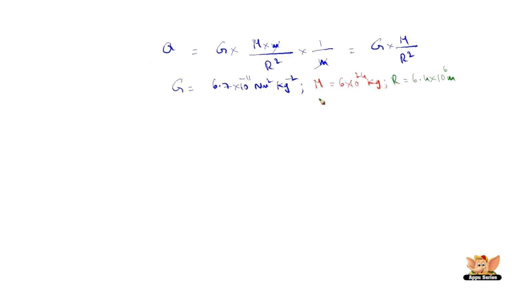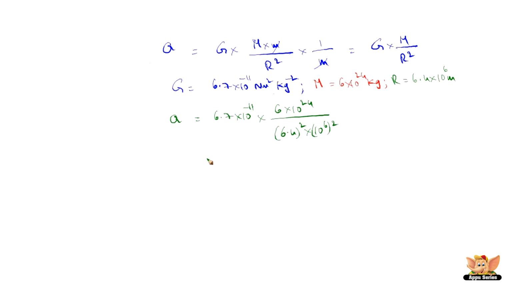Now substituting these values into this equation, we get a is equal to 6.7 into 10 to the power minus 11 into 6 into 10 to the power 24, divided by 6.4 into 10 to the power 6, whole square.